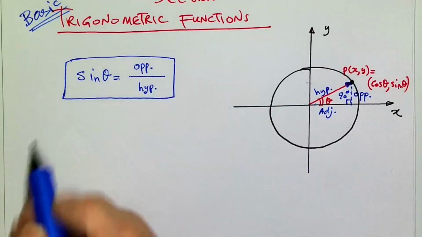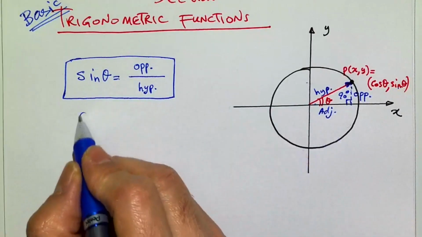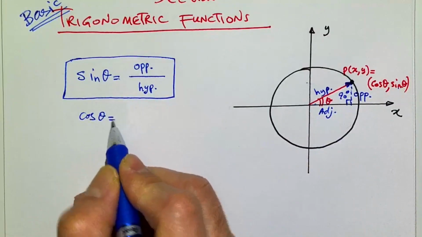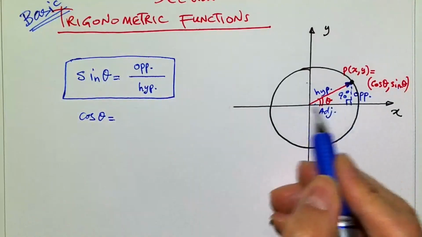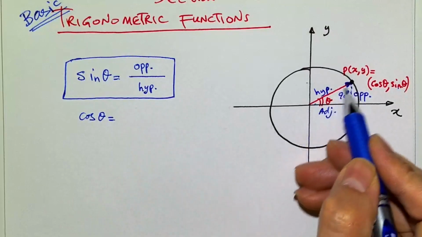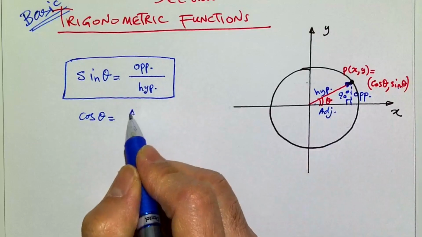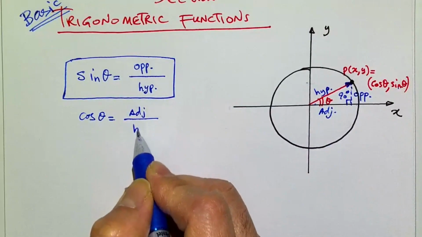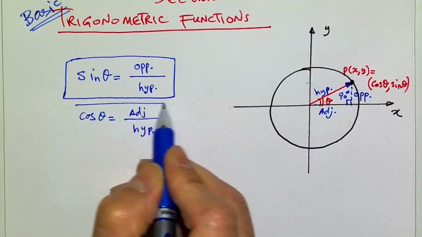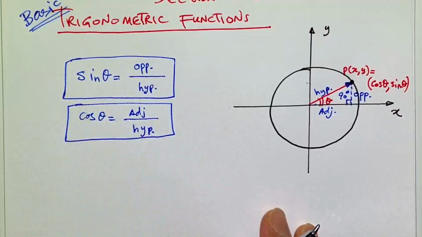The other one is the cosine of theta, which is equal to the adjacent side, or the projection of that terminal side along the x-axis, which would be the adjacent side, divided by the hypotenuse. That's another formula we want to remember.